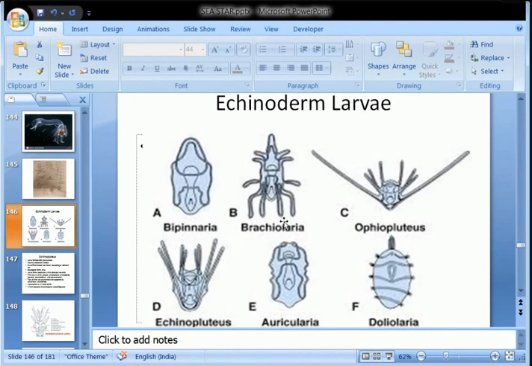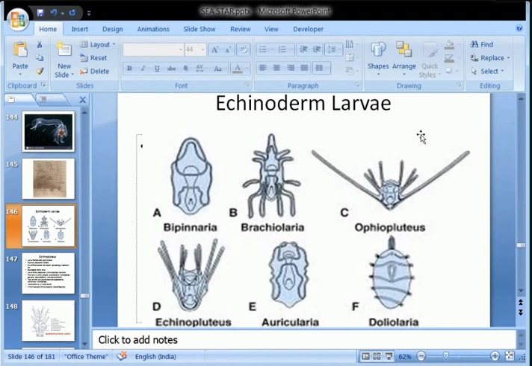If it is present above the mouth, that would be preoral. If it is below that, that would be the postoral. So according to their location on the larval body, these arms are named. So in this, just lobes are formed, and here these arms are formed. So these two are asteroid larvae.